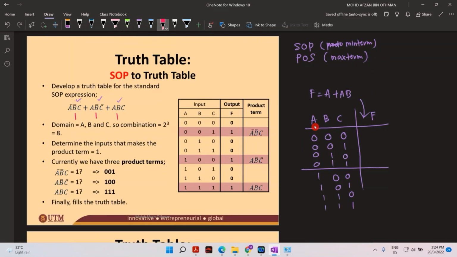Mula-mula kita ada F sama dengan A bar B bar C tambah dengan A B bar C bar tambah dengan A B C. Untuk SOP, ingat, our target output is 1. Itu SOP.